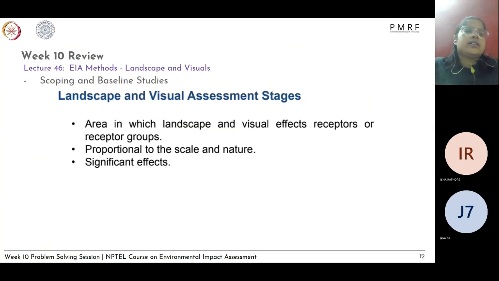And then the other aspect which we looked at in this module was the scoping and baseline studies. So the landscape and visual assessment stages include mapping of areas in which landscape and visual effects, receptors or receptor groups are present. So receptors are basically people who will experience the effect of any sort of development happening in the area.